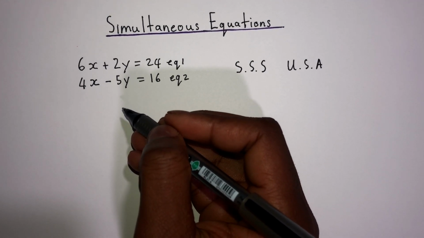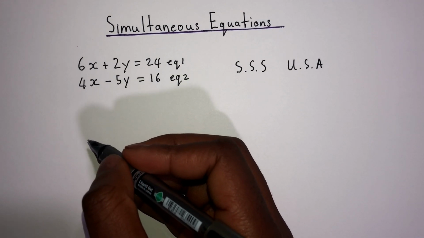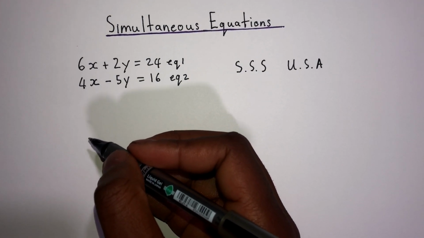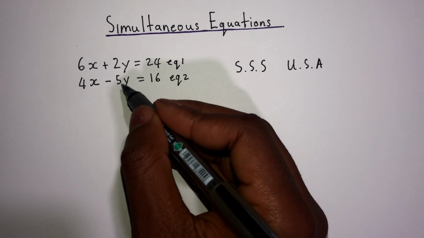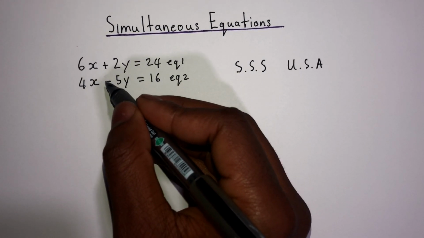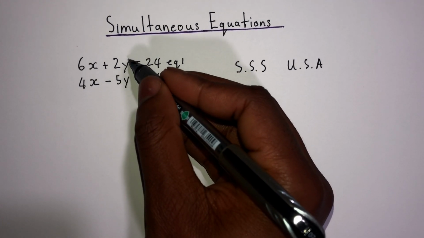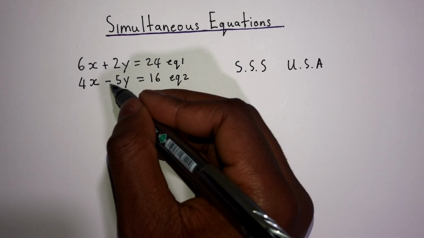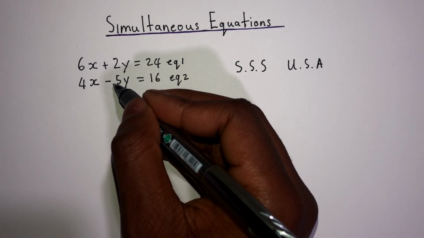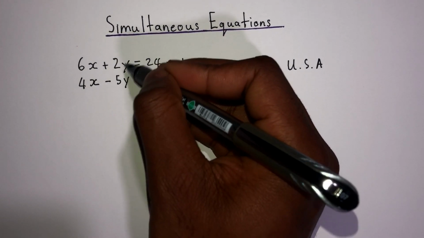But before we add them, we have to carry out some other steps. Please note that whenever we analyze a pair of simultaneous equations and we see that they have unlike signs, it's easier to eliminate the terms that have the negative sign involved, so that when we add both of the equations, they cancel out.